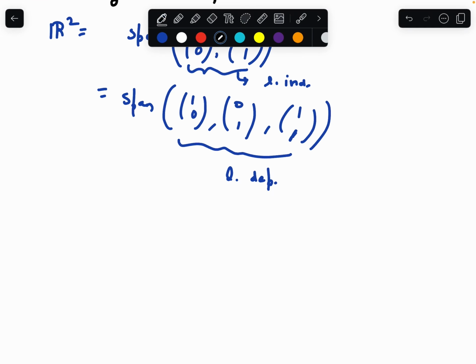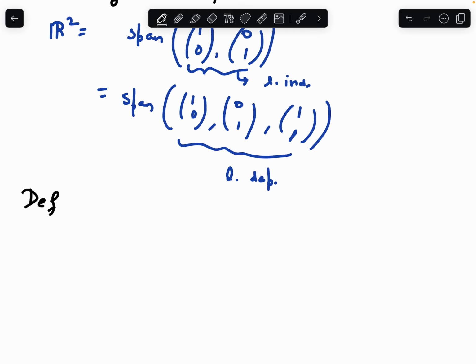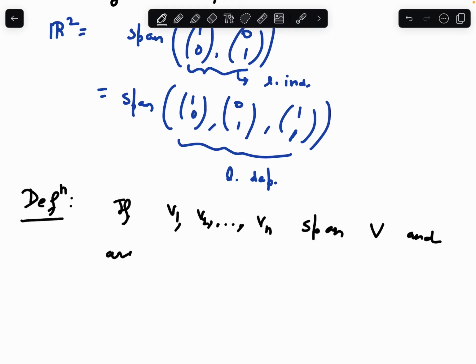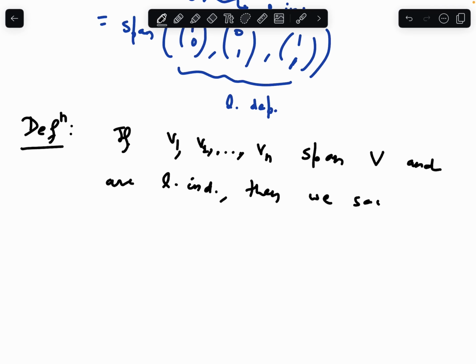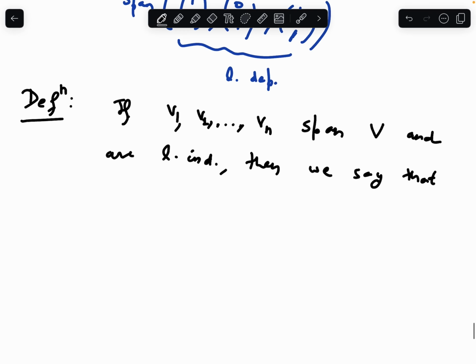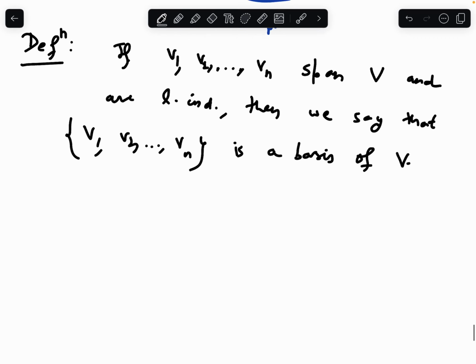So let's note a definition here. If V1, V2, ..., Vn span V and are linearly independent, then we say that this set V1, V2, ..., Vn is a basis of V, right?